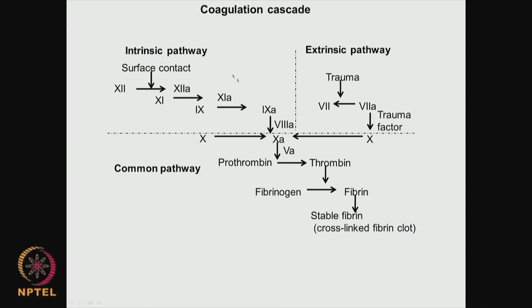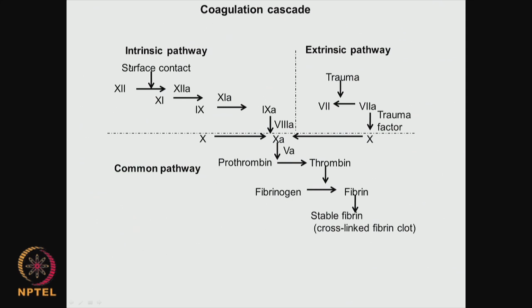So, coagulation. I said thrombin converts fibrinogen to fibrin. This fibrin is insoluble, so this is called the blood clot. Okay. Thrombin is a protein which does the job of converting fibrinogen to fibrin. But look at this, before that there are so many factors which lead to the formation of thrombin, which is formed from prothrombin, with the help of factor Xa or 10a, 10, 9, 9a and so on.